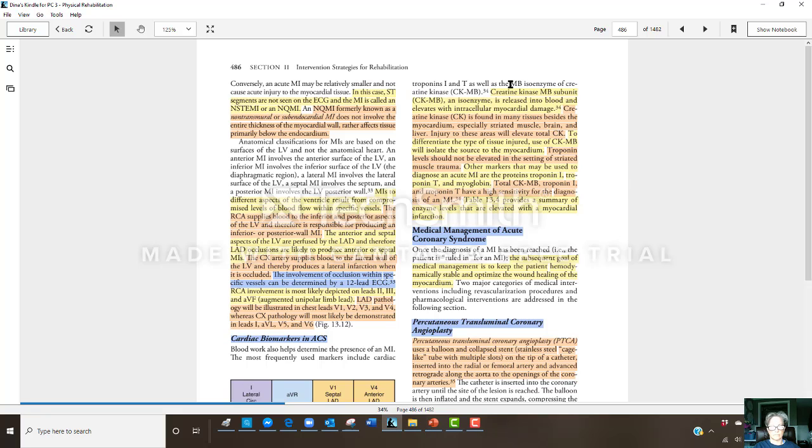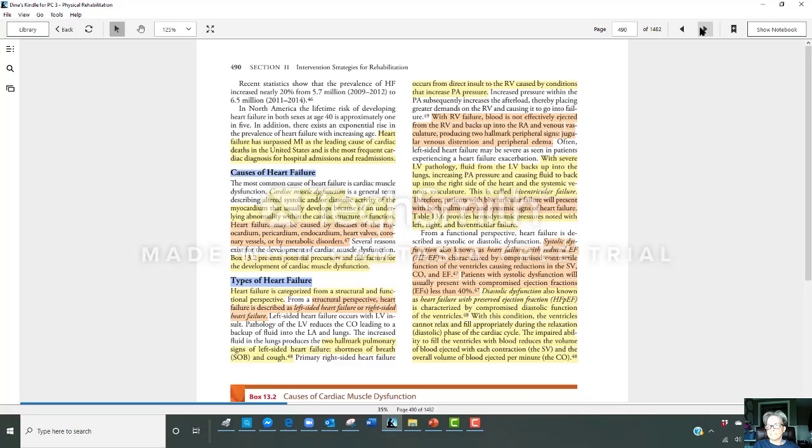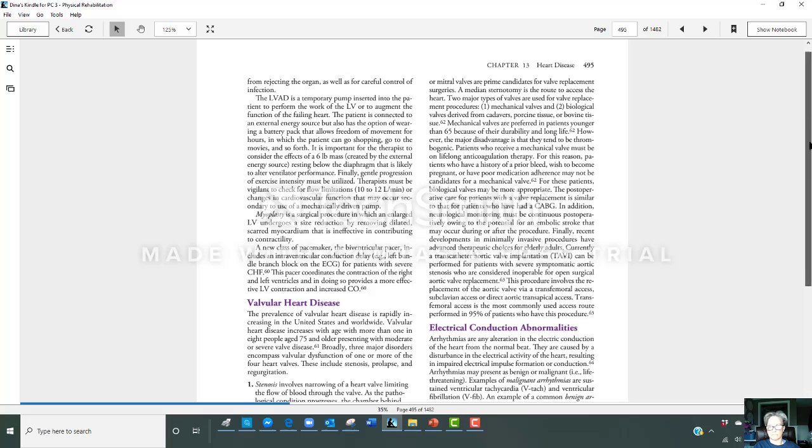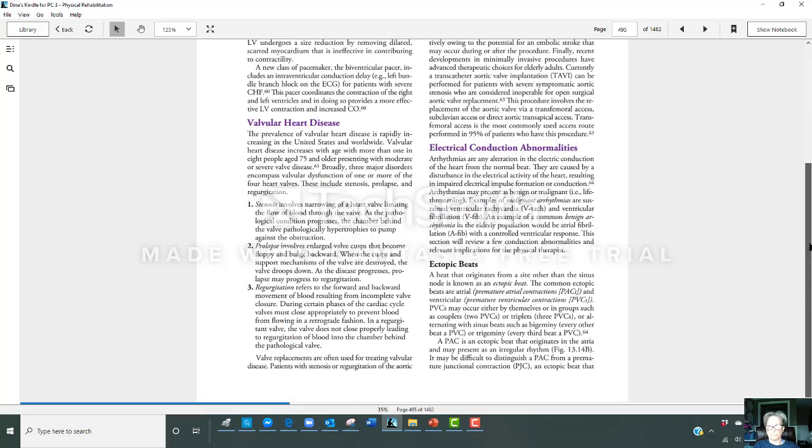Figure 13.12. Electrical conduction abnormalities. Arrhythmias are any alteration in the electrical conduction of the heart from the normal beat. They are caused by a disturbance in the electrical activity of the heart, resulting in impaired electrical impulse formation or conduction. Arrhythmias may present as benign or malignant, that is, life-threatening.